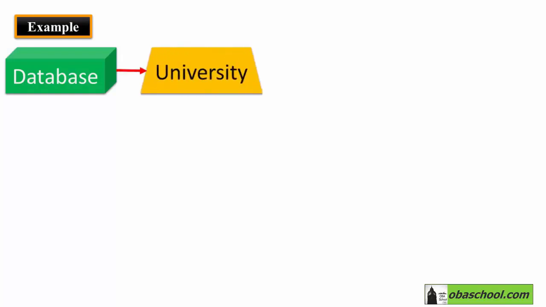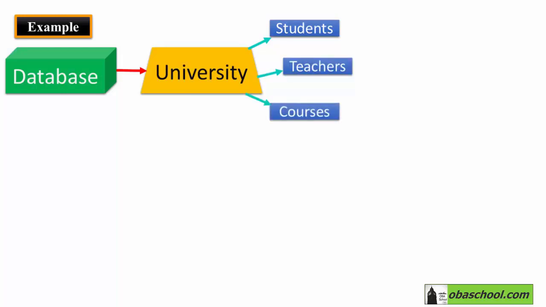A university database includes information. The information that a university stores could be information about its students, information about the teachers, and information about the courses involved in this university.